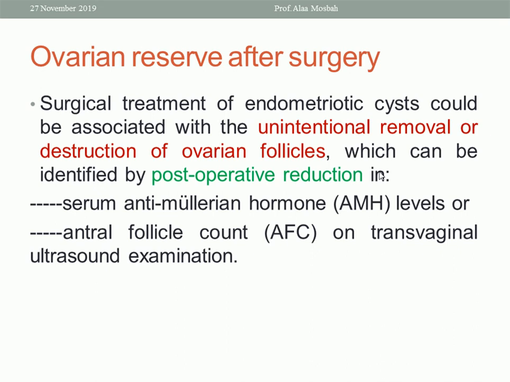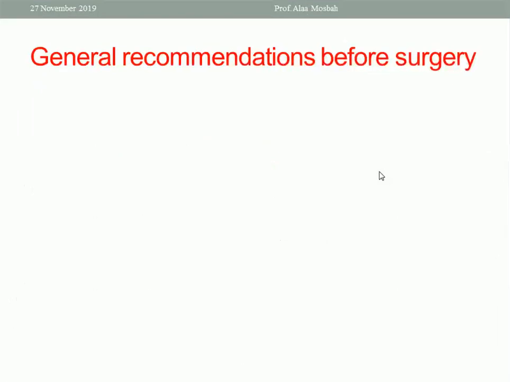So you can detect the ovarian reserve after laparoscopic cystectomy for ovarian endometrioma. You may find decrease in the antral follicle and decrease in serum anti-Mullerian hormone, which is a sign of diminished follicle in this ovary and affection of the ovarian reserve in this lady.